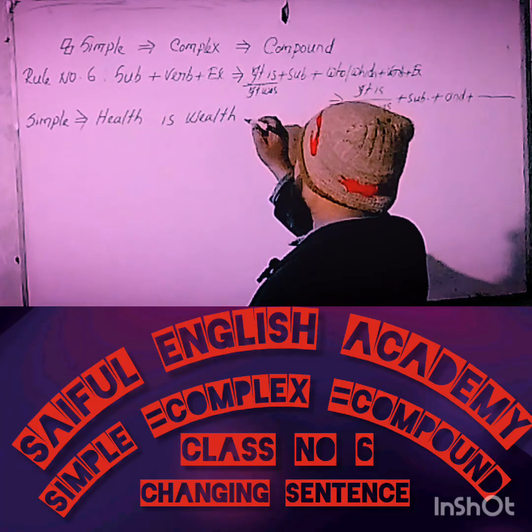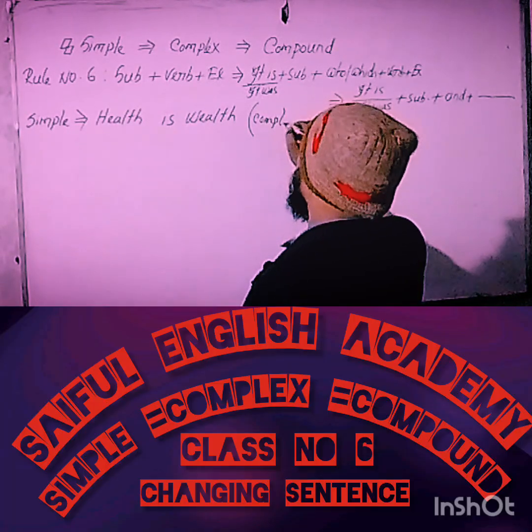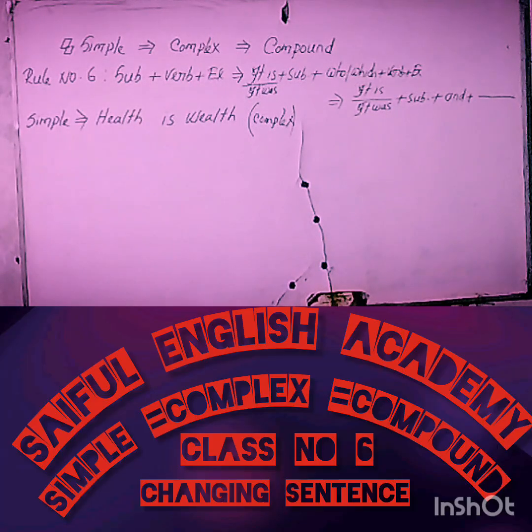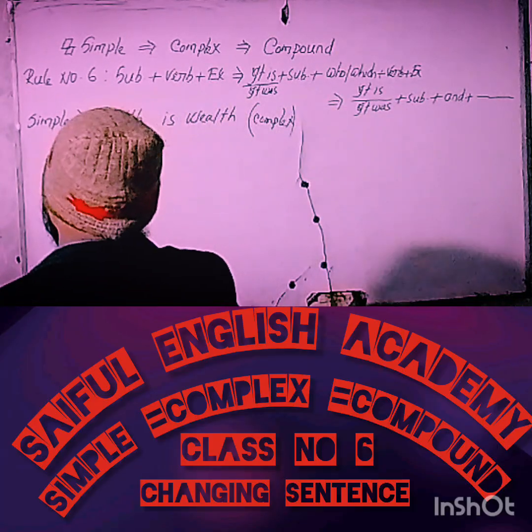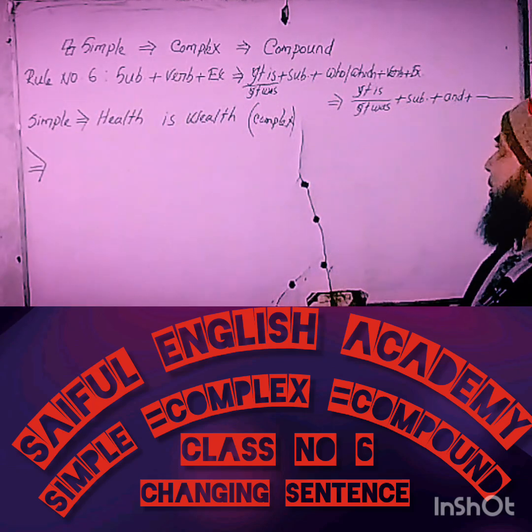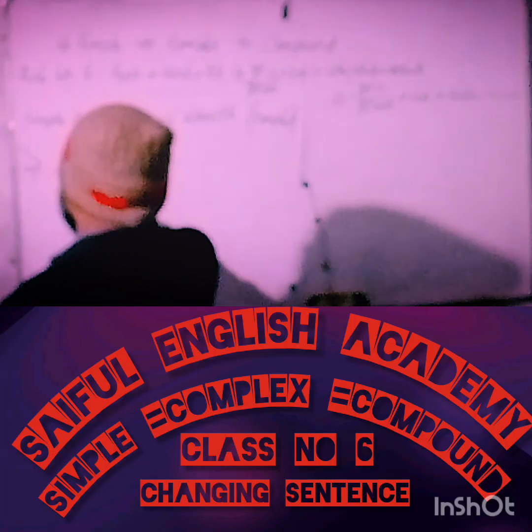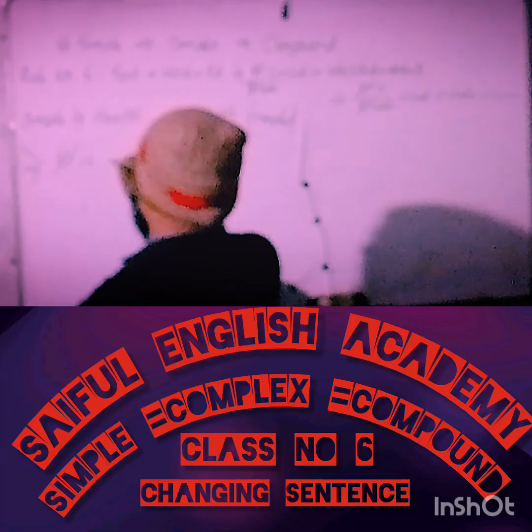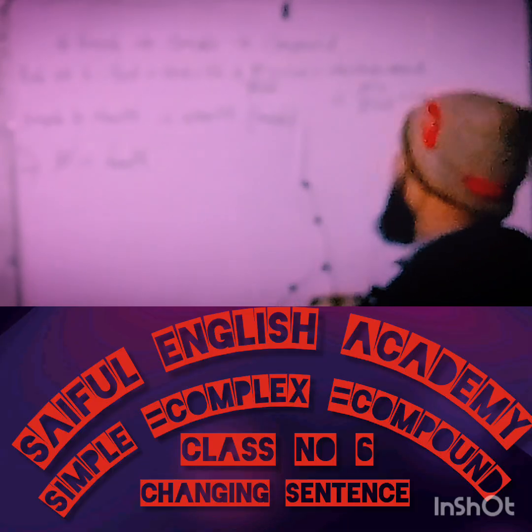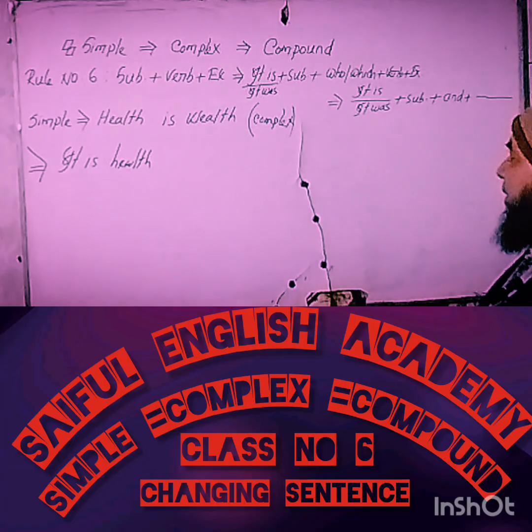Suppose you are told to change the sentence into a complex sentence. What strategy should I follow, my dear learners? You will have to mind that at the time of changing a simple sentence into a complex sentence, you will have to use only "it is" before the subject. It is, then subject. Then you will have to use the relative pronoun who or which according to the subject.